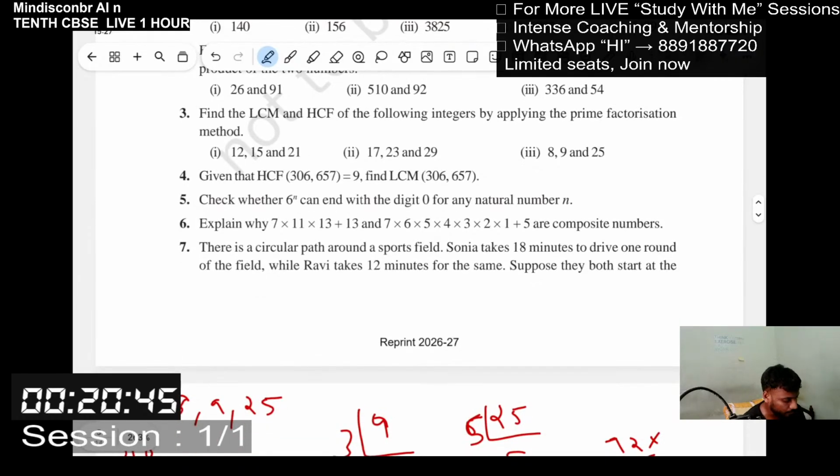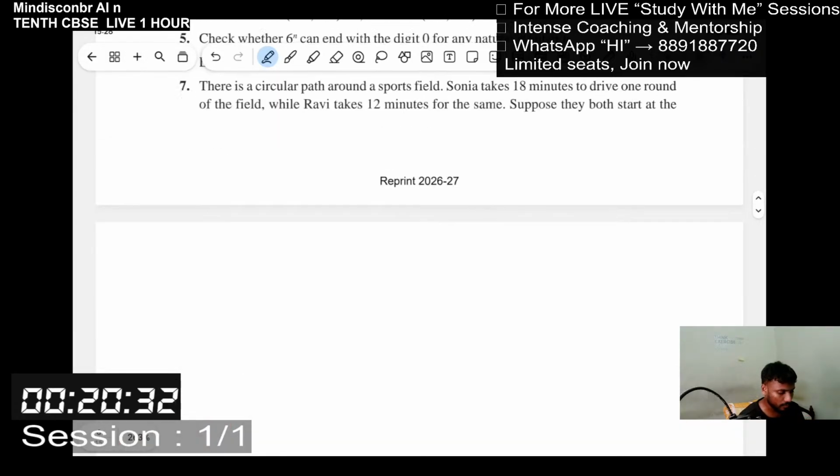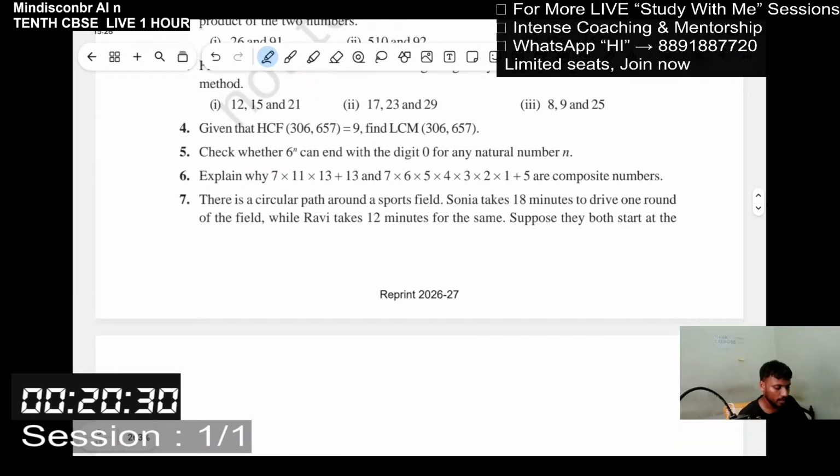Next question: given that HCF of 306 and 657 is equal to 9, find LCM of 306 and 657. We have studied the rule that LCM of two numbers into HCF of those two numbers is equal to the product of those two numbers.